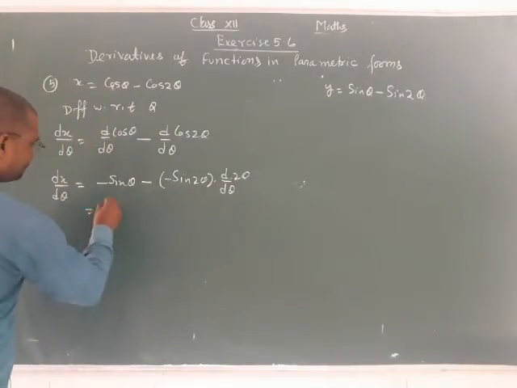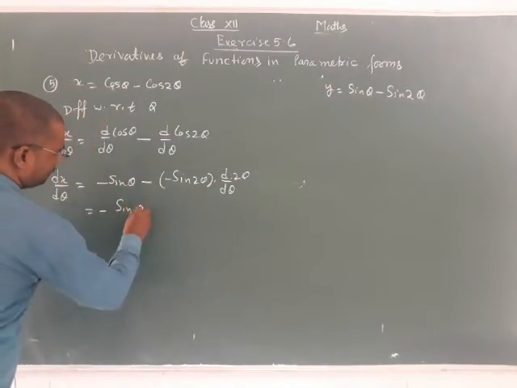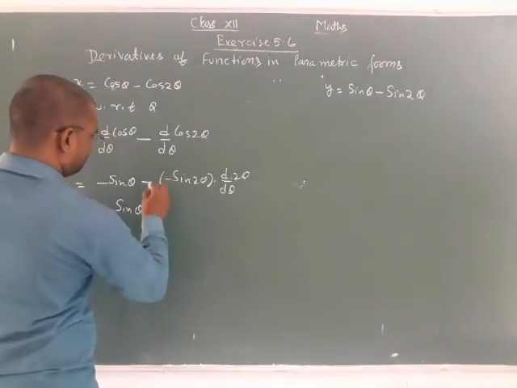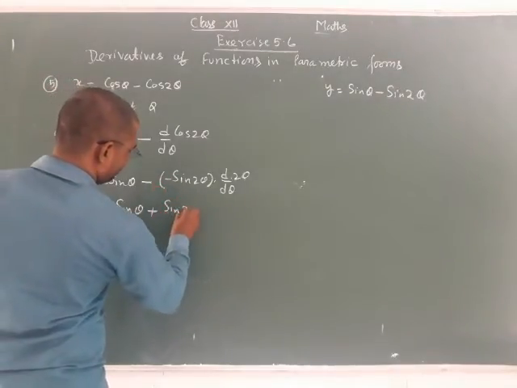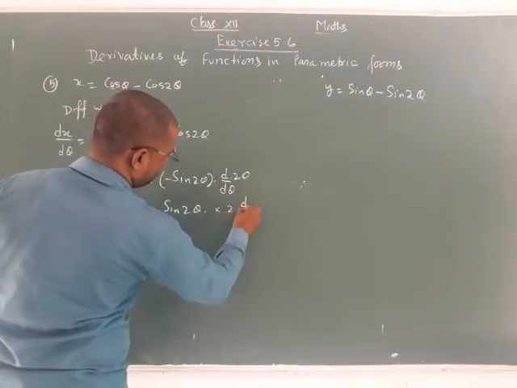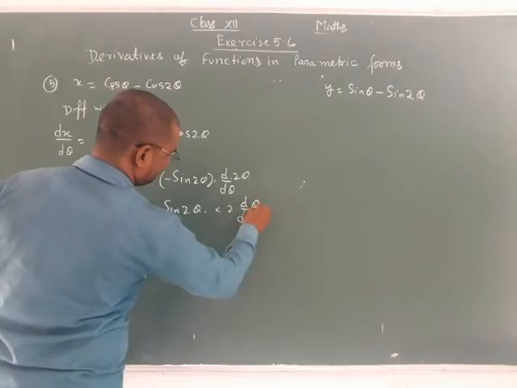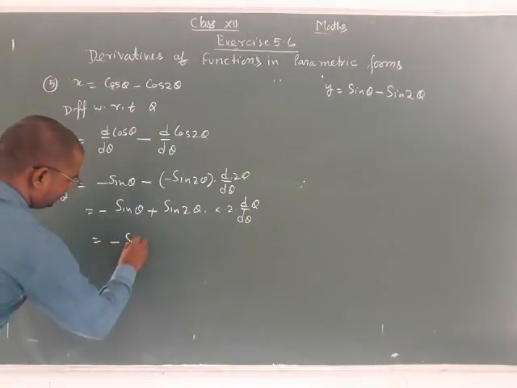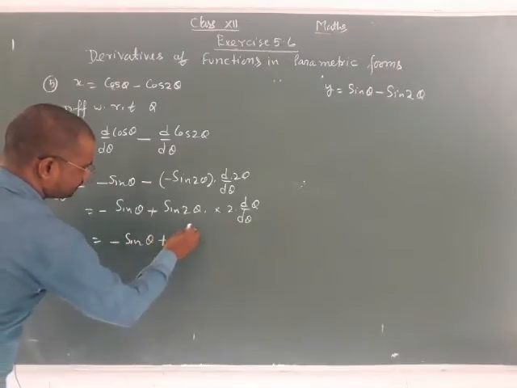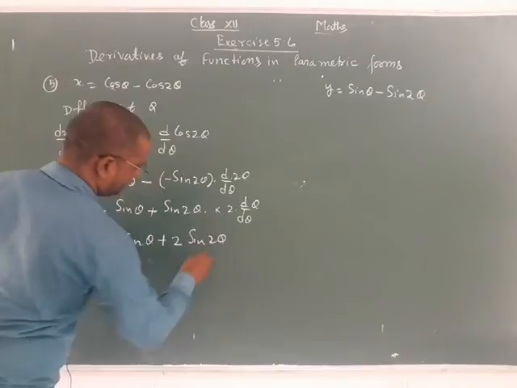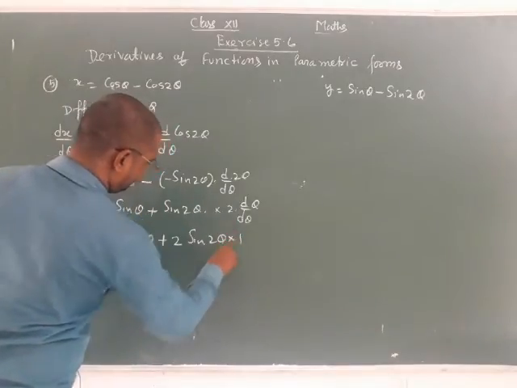So minus sin theta, minus minus plus, sin 2 theta into 2 into d theta by d theta. So now minus sin theta plus 2 sin 2 theta into 1.